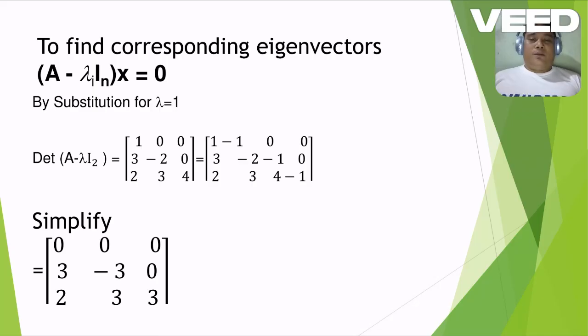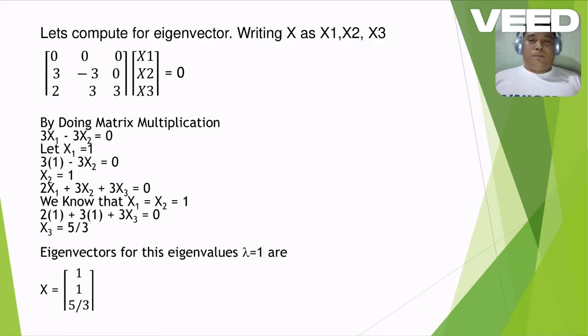We simplify it. So row 1: 0, 0, 0. Row 2: 3, negative 3, 0. Row 3: 2, 3, 3. Let's compute for eigenvectors, writing x as x1, x2, x3. So this is our row reduced echelon form. 0 times x1 is 0, 0 times x2 is 0 still, so we can't determine x1 here.